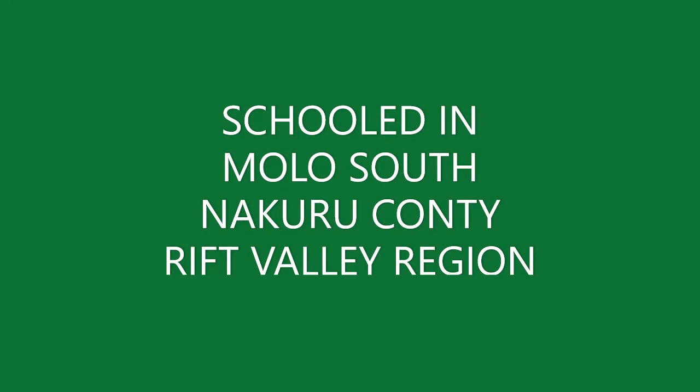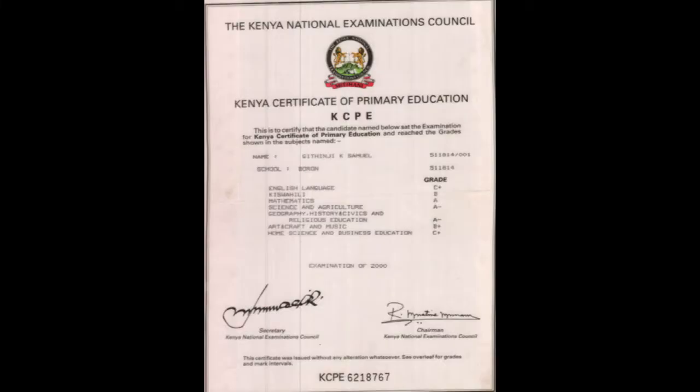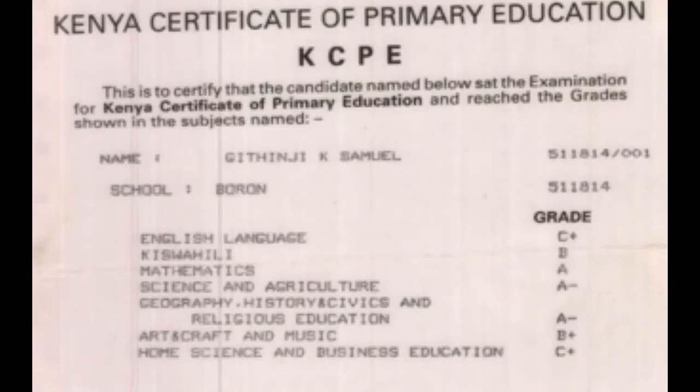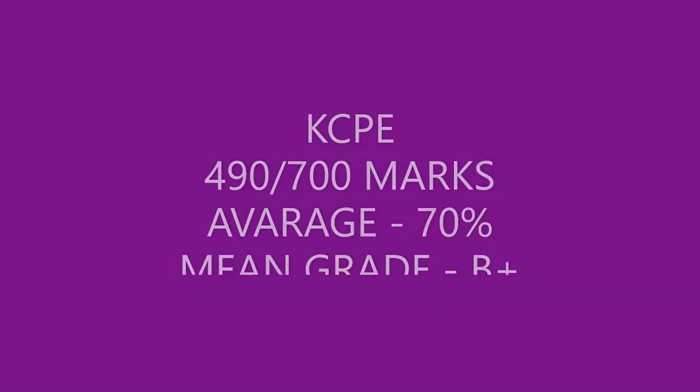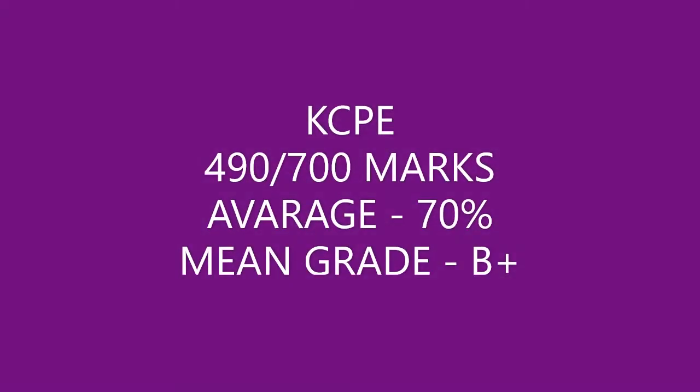Dr. Sirme managed a KCPE certificate there, with a score of 490 marks out of the possible 700 marks. That was an average of 70 marks, and that translates maybe to a B plus.